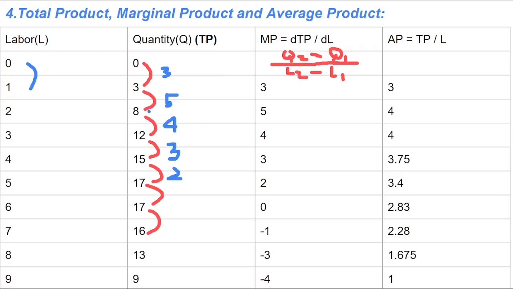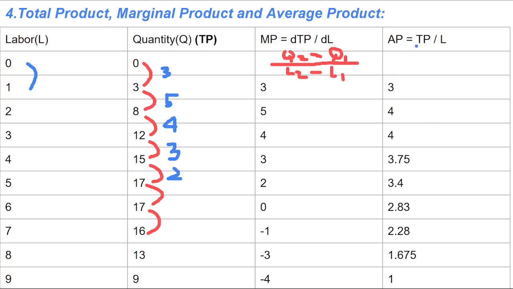Here 8 minus 3 is 5, and L2 minus L1 is also 1. So MP is 5. Here 12 minus 8 is 4. So our MP is 4, and we can calculate MP like this: 4, 3, 2, 0, minus 1, minus 3, and minus 4.